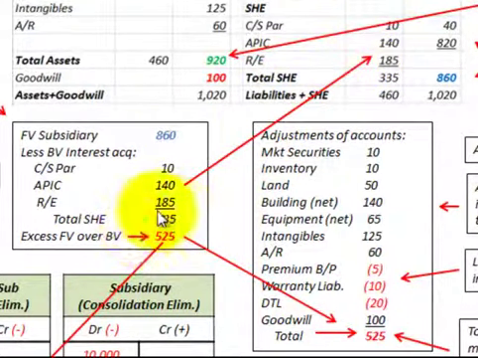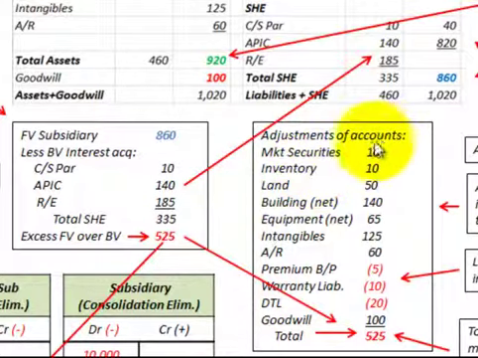So comparing the total shareholders' equity to the fair value of the subsidiary of $860,000, we got an excess of the fair value over the book value of $525,000. Now that's the amount that has to be accounted for when we make our adjustments to our accounts in the consolidation process. The $525,000 in our adjustment accounts has to equal this excess of the fair value over the book value.